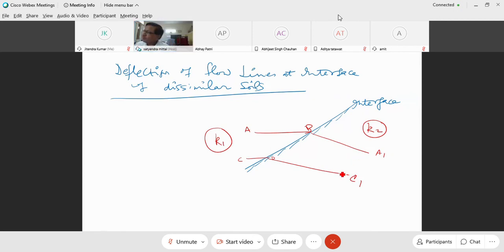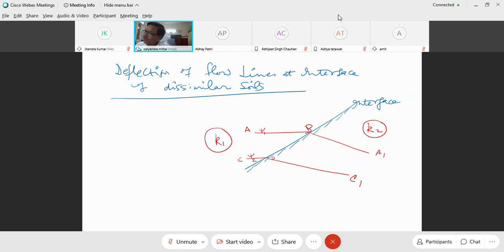In fact, these two will be parallel. I have drawn it a little wrong. Anyway, let us say this is Psi1 and Psi2. So these are two flow lines and the interface, and then I have explained you K1, K2.